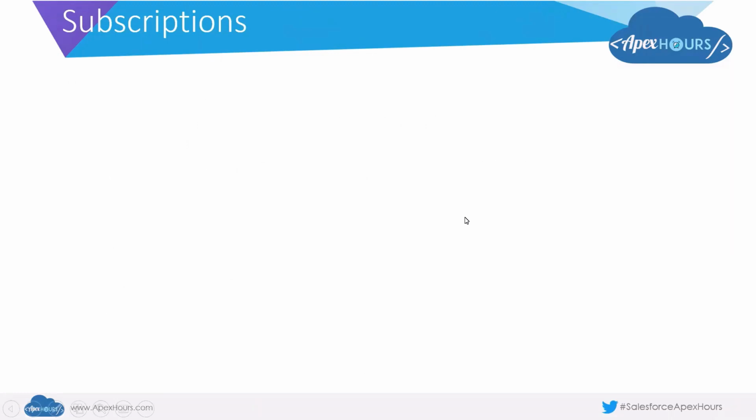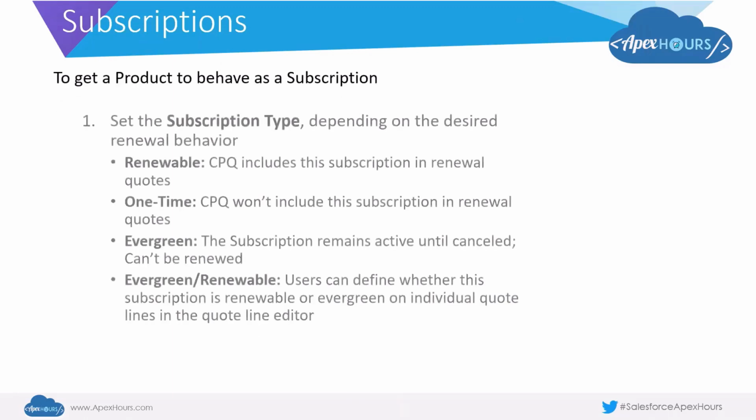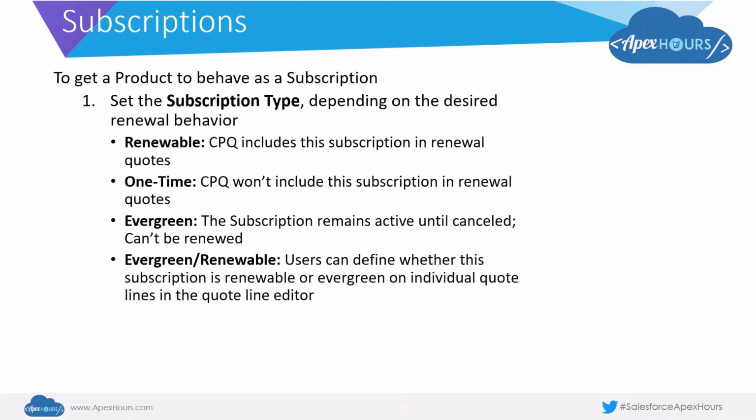Moving on, in order to get a product to behave as a subscription, there are 3 fields we need to set. The first is setting up subscription type, depending on the desired renewal behavior. So when we set this subscription type to renewable, CPQ includes this subscription in renewal quotes.